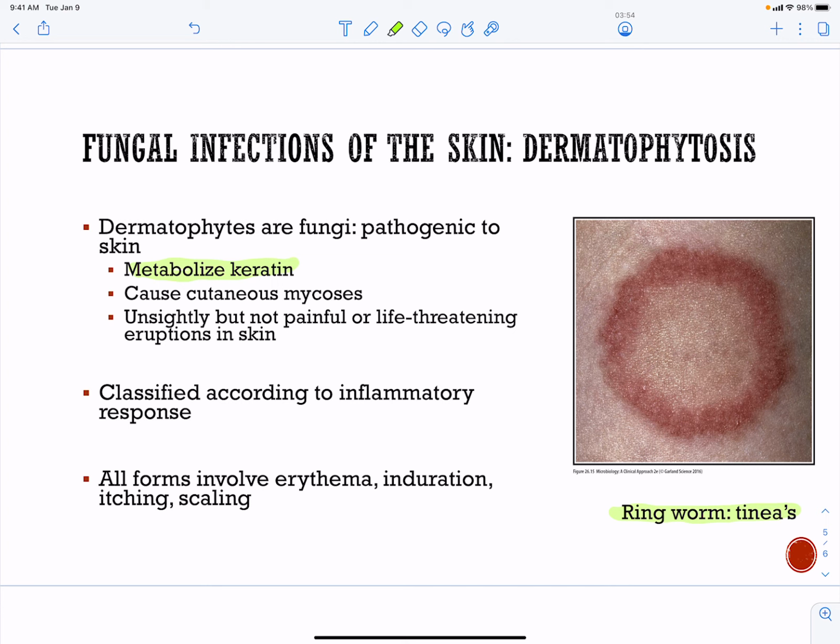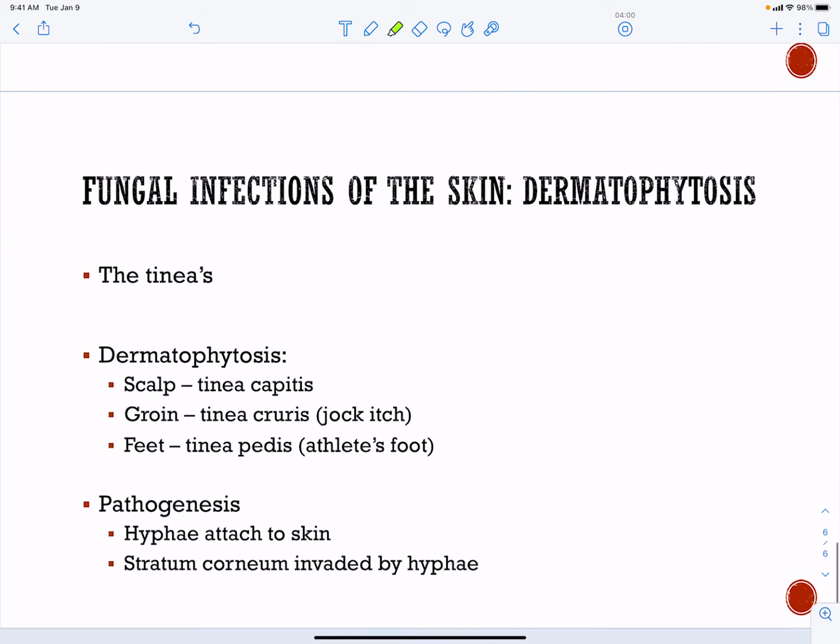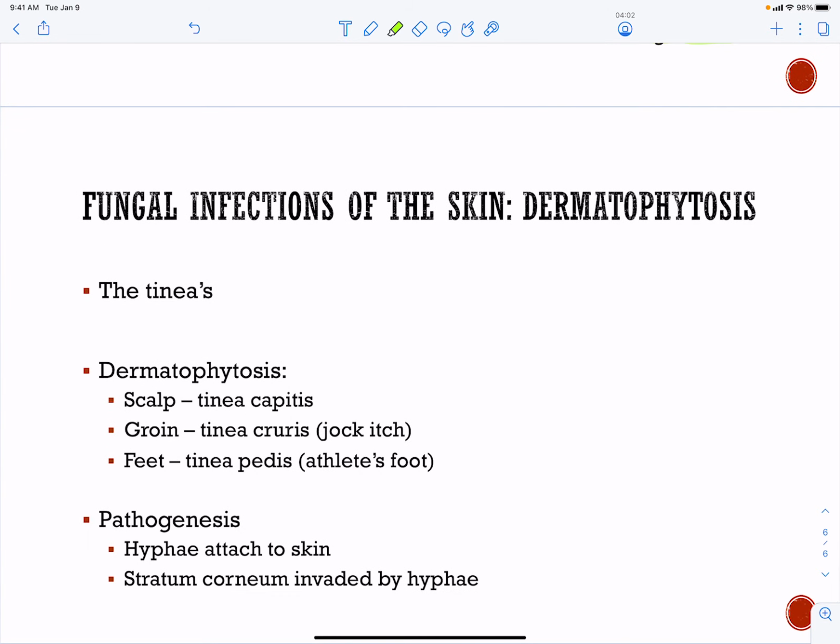So all forms are going to cause an erythema, induration, itching, and scaling. So for the Tineas, we are going to have Tinea capitis, which is going to affect the scalp. We have jock itch, athlete's foot, caused by Tinea cruris and Tinea pedis. And these are all going to have hyphae that attach to the skin, and they're going to invade the stratum corneum.